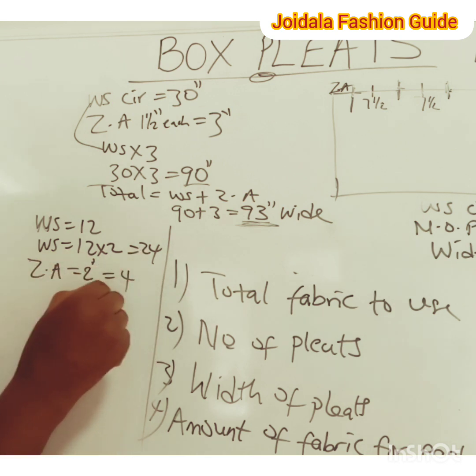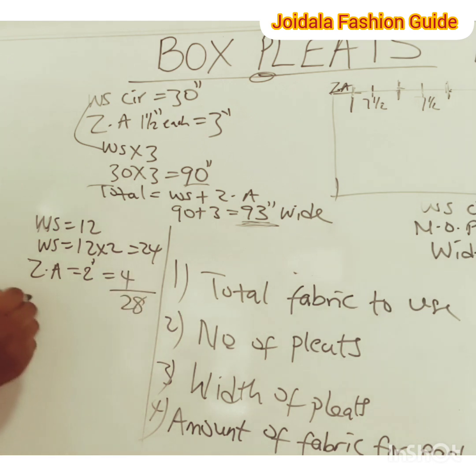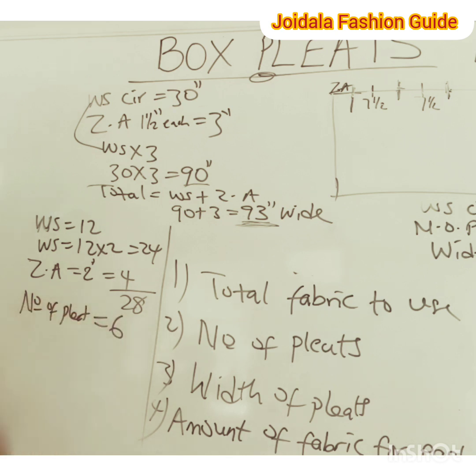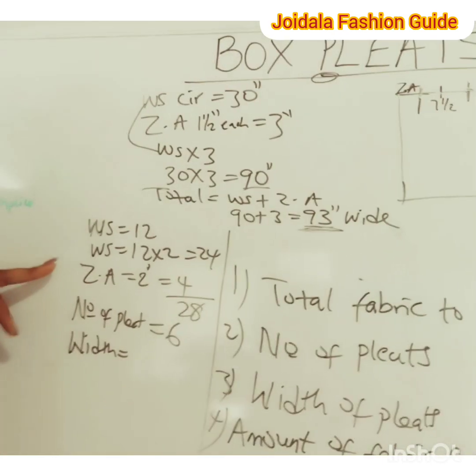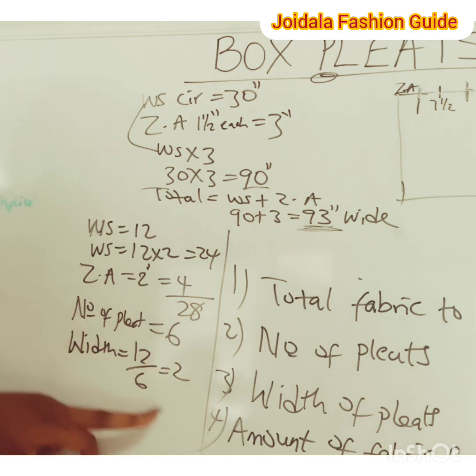So the total length is 28. And then the number of pleats, we want a total of 6. The width of the pleat for this 6 will be 12 divided by 6, which will give us 2. So that is the width of the pleat.